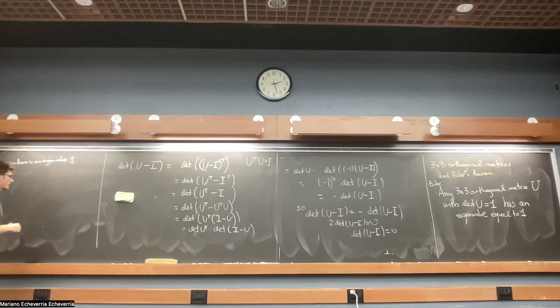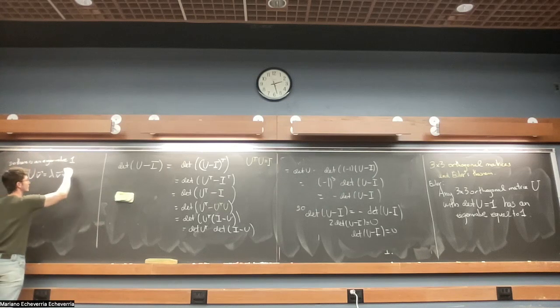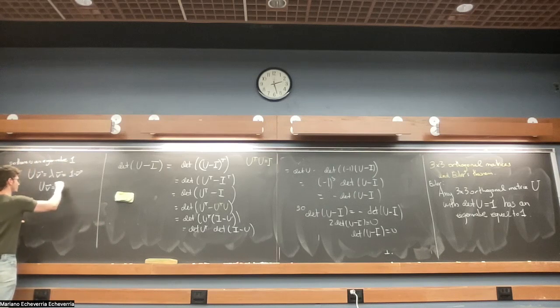What does it mean that there's an eigenvalue one? It means that U times v equals lambda v, but now lambda is one, because that's the eigenvalue. So it equals one times v, so that's Uv equals v.